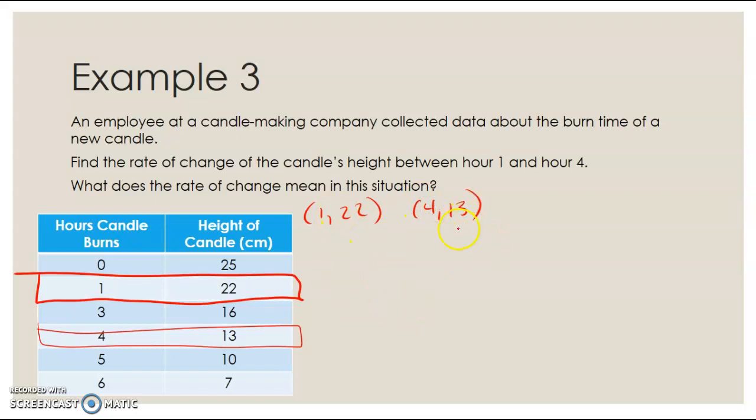And so I'm going to start with our second point. I'm going to do 13 minus 22, because I'm going to do y minus y over x minus x, difference in y's over difference in x. 13 minus 22 over 4 minus 1. And then from there, I'm going to do the subtraction, and 13 minus 22 is 9.